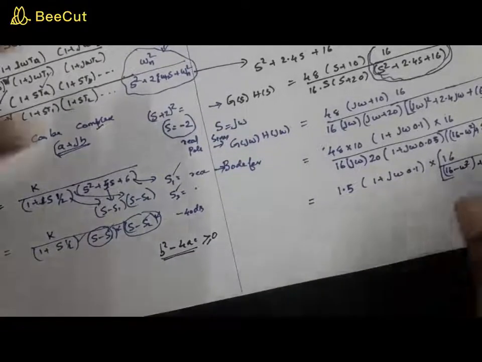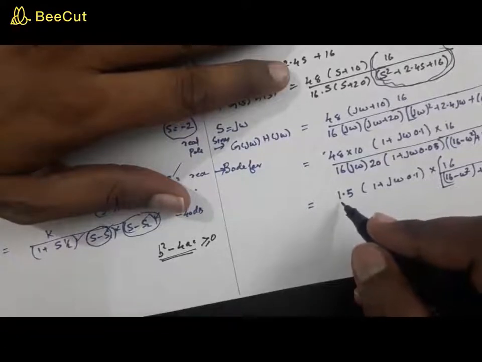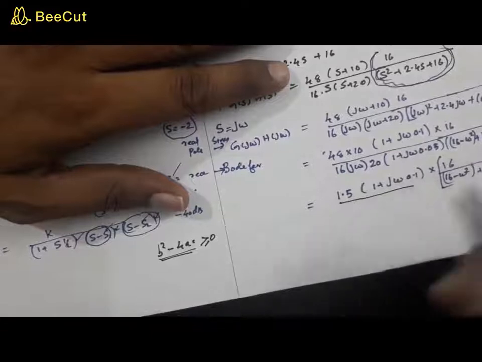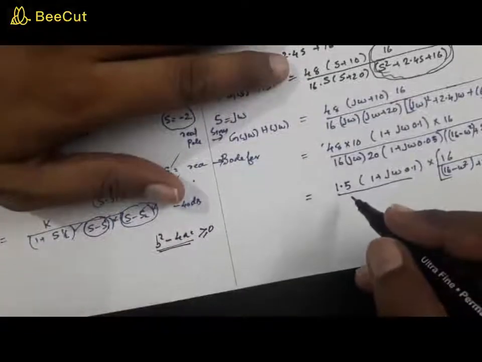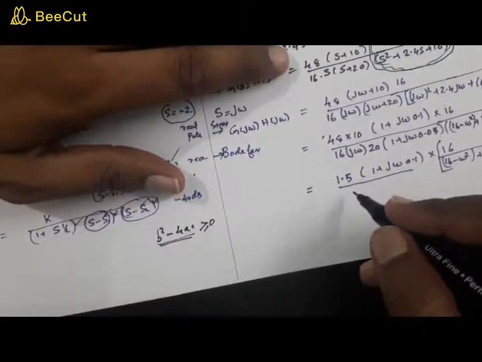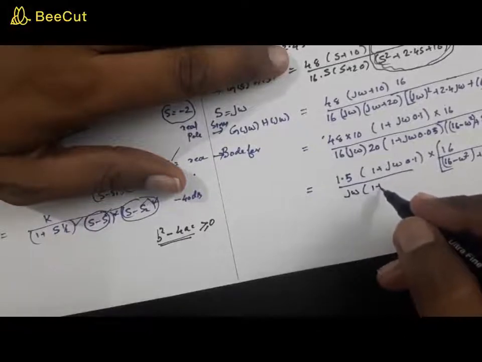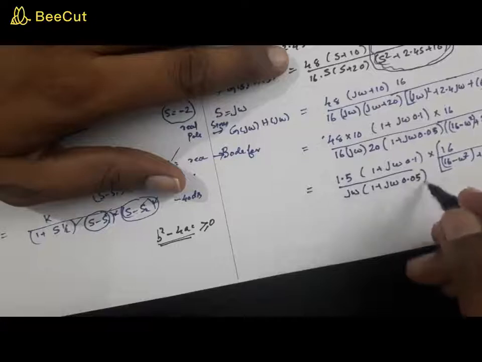That will be nice. So into 16 divided by, don't try to multiply this with the 16. That's a single term, a special quadratic term where the roots are complex in nature. So this will be j omega into 1 plus j omega 0.05.